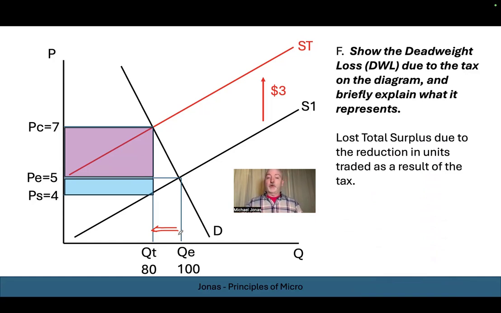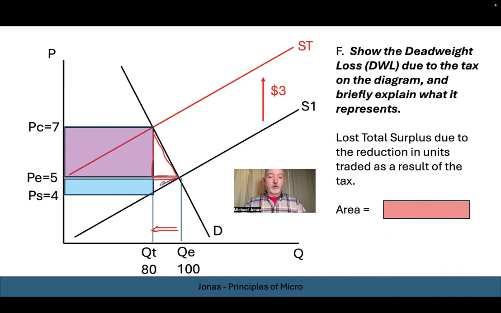In this case, as a result of the decrease in quantity due to the tax. So it's going to be this area, right? Some of it's coming from the consumers here. That used to be a part of consumer surplus, the area between the demand curve and the price, but there's no surplus happening because those units aren't being bought and sold.